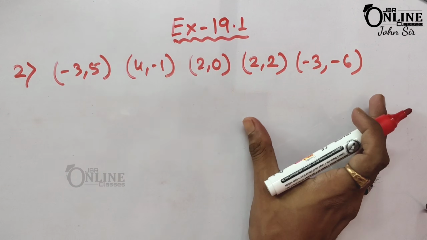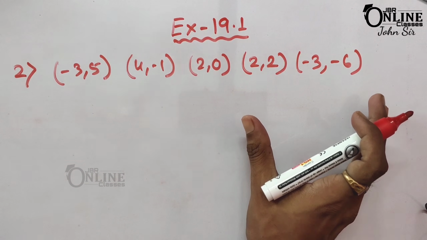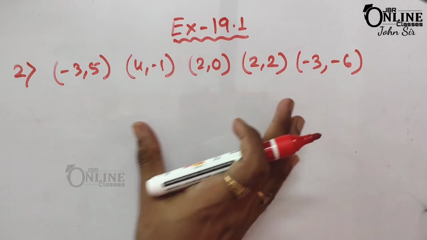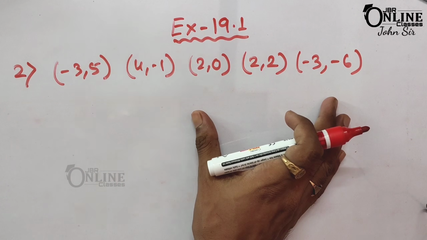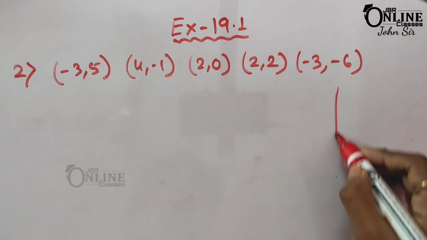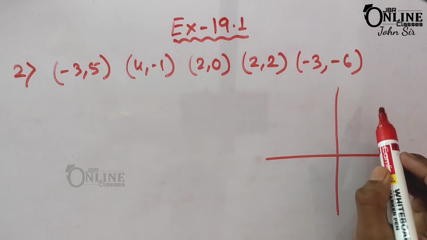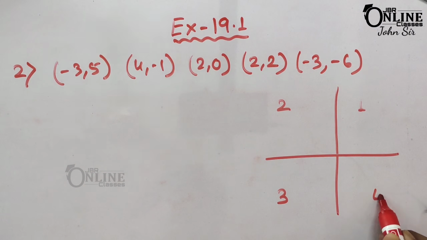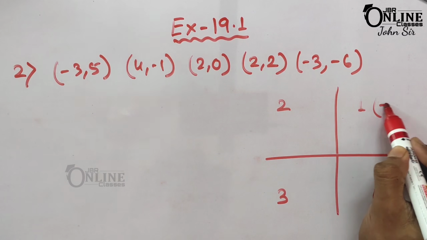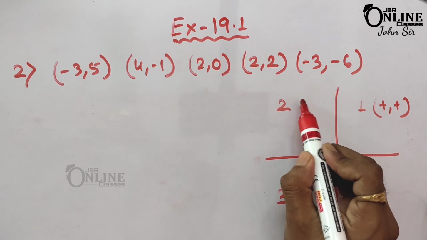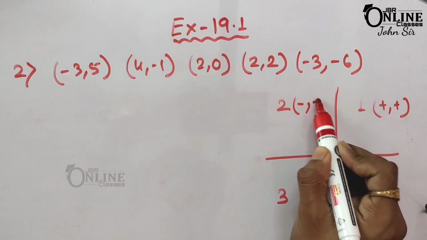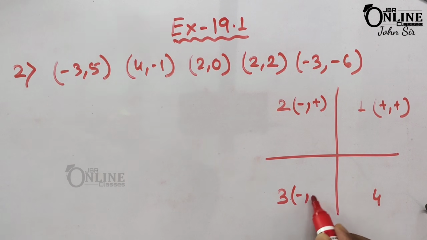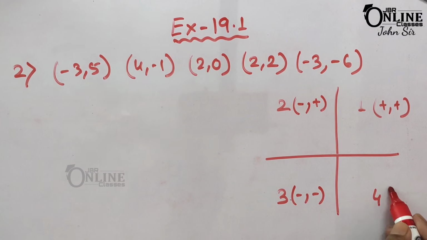You have to just write which quadrant these points are lying in. As you know, there are a total of 4 quadrants. First quadrant, both are positive. Second quadrant, x is negative, y is positive. Third, negative, negative, and the fourth one is positive, negative.